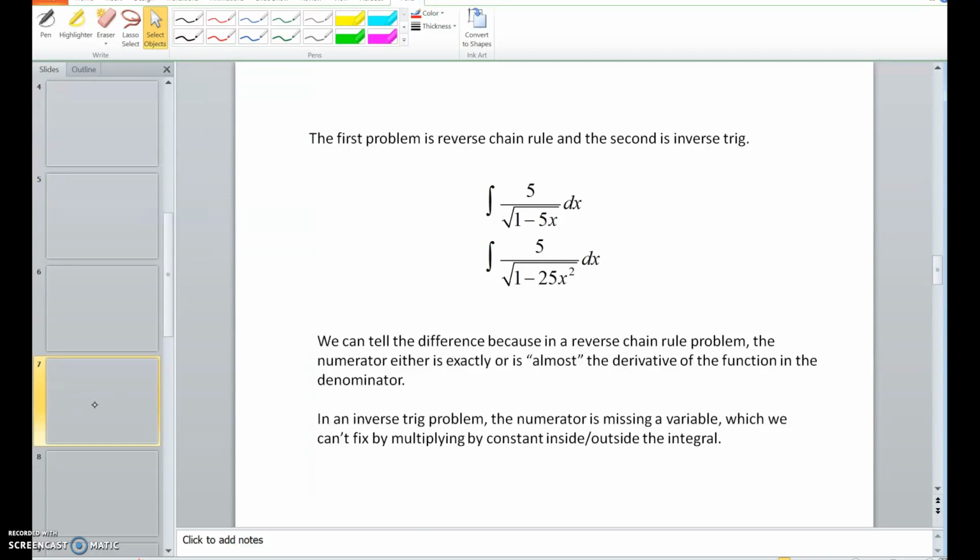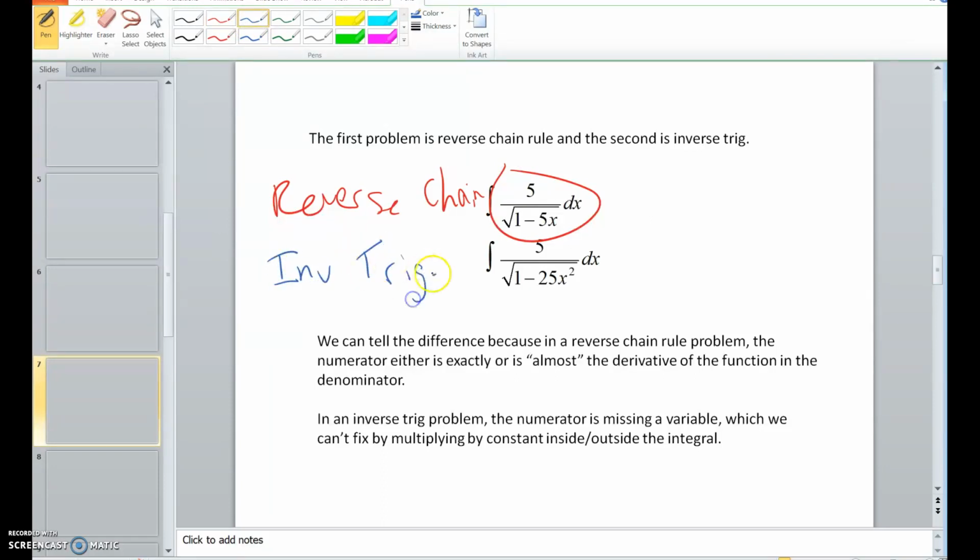Okay, so the first one is reverse chain. And the second one is inverse trig. And so one of the ways I could tell is that the derivative of the denominator in this first function is -5. And so when I look at the numerator is 5.